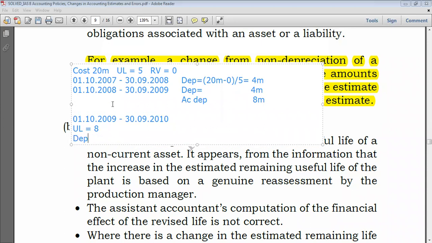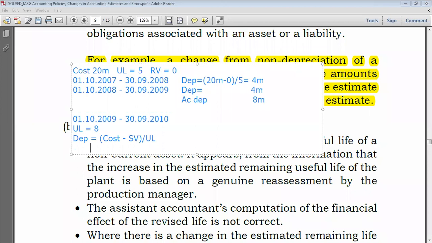The normal formula for depreciation is cost minus scrap value divided by the useful life. Let me write the normal formula here. But in case there is a change in useful life or residual value or anything, even when the cost changes, let's say under the revaluation model, you have to change these two.